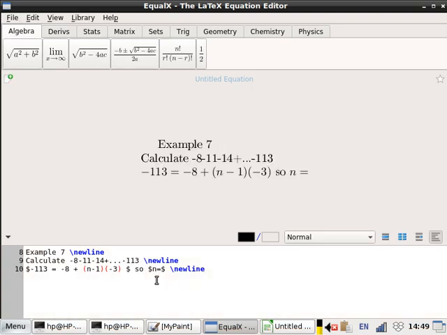I can check. No, I'm using the Un formula first. What do we get for n here? 36, correct.